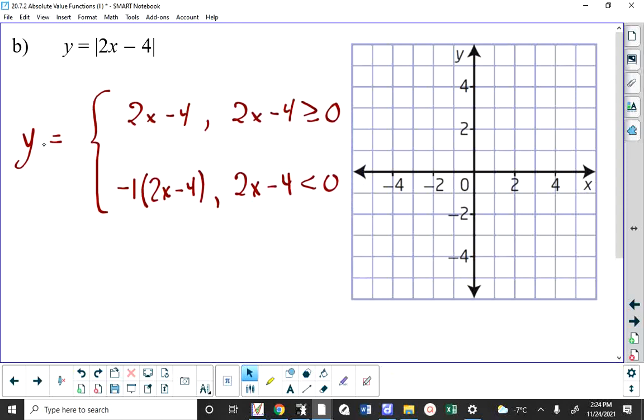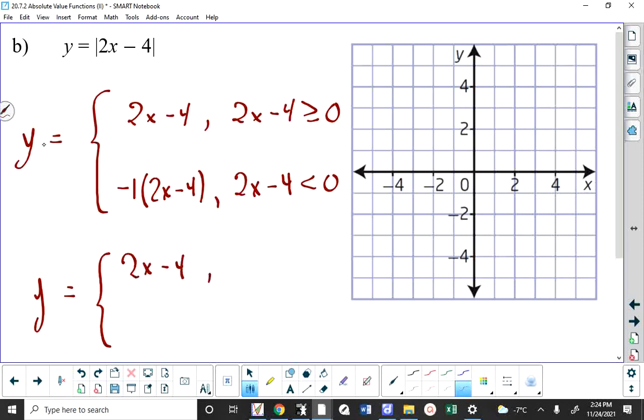What we want is to say 2x minus 4, and are you okay with me multiplying that negative 1 through? Why not? We could leave it out there. We could multiply it through. I'm going to multiply it through: negative 2x plus 4. We want statements about x here. We don't want statements about 2x minus 4.